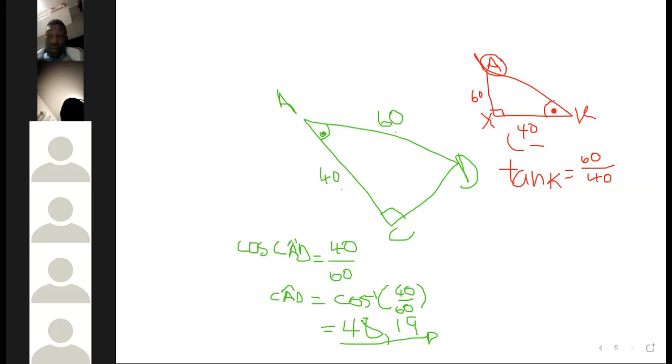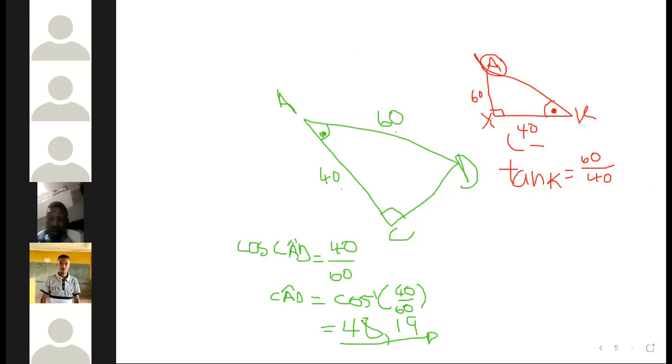Sharp. So DE. So you have this also. And then DE. How can you find DE?